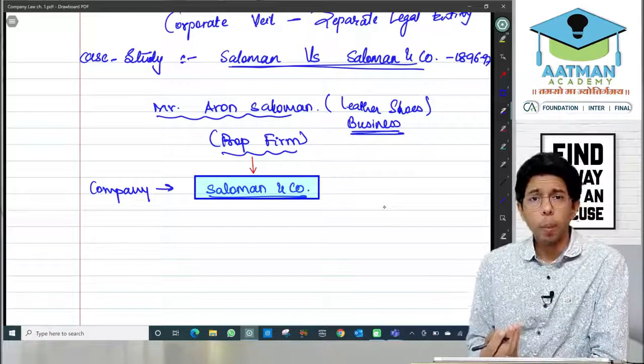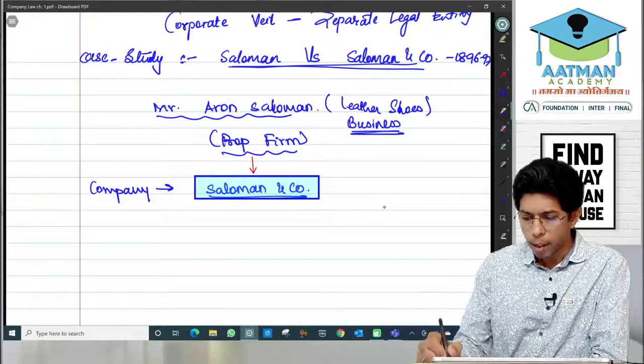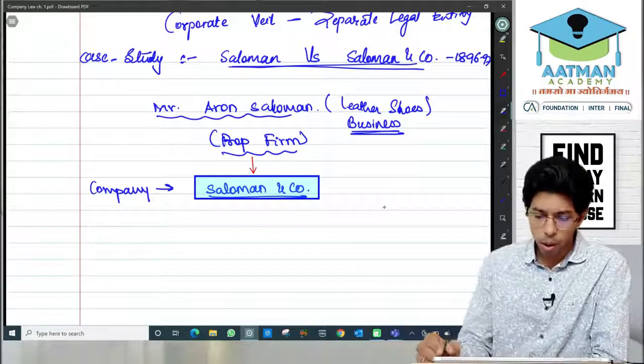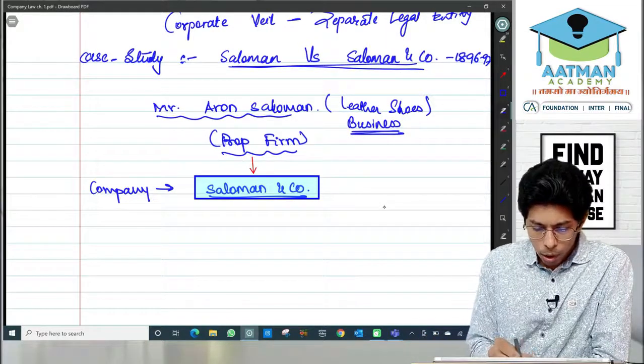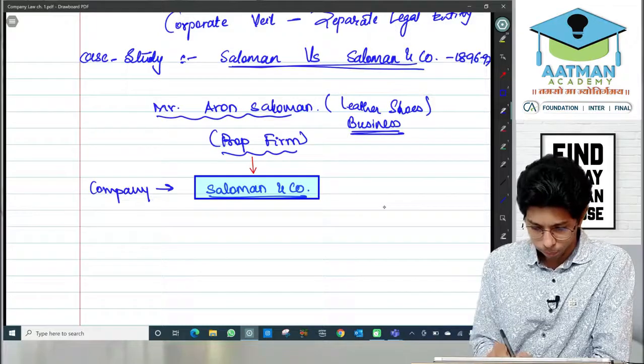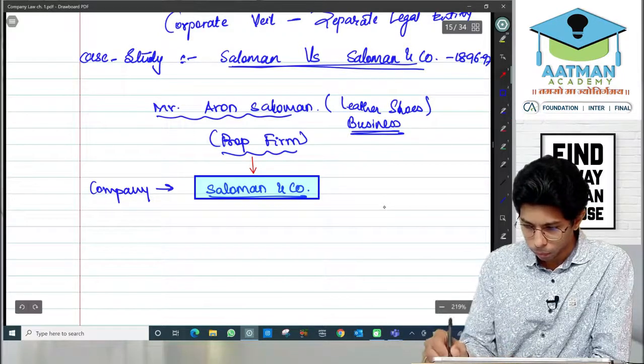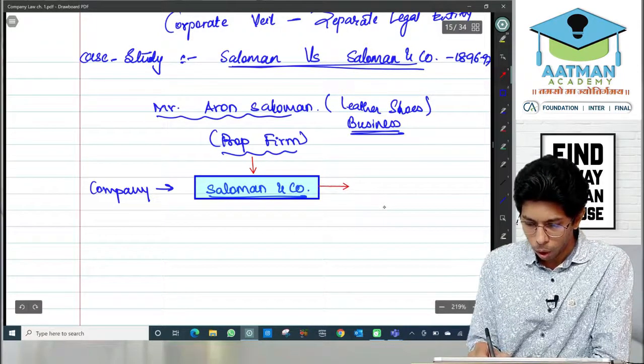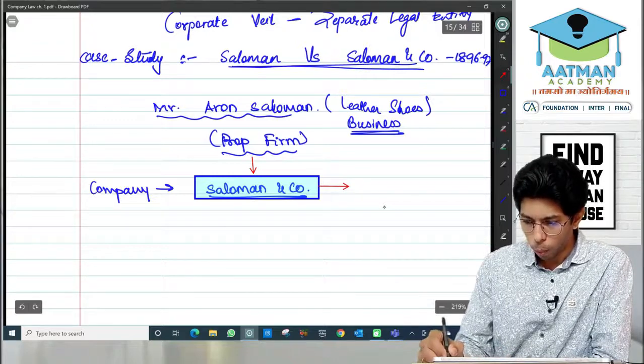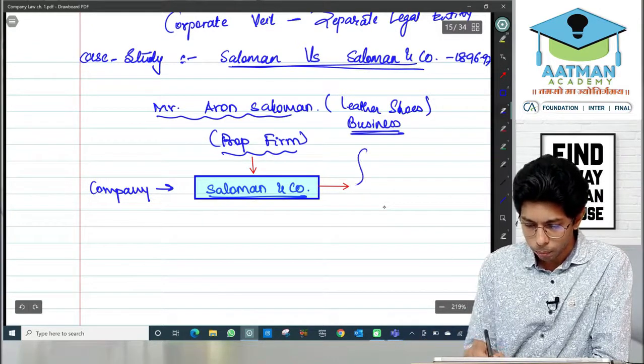So obviously you are supposed to pay the purchase consideration. So the purchase consideration is paid in the form of three things.